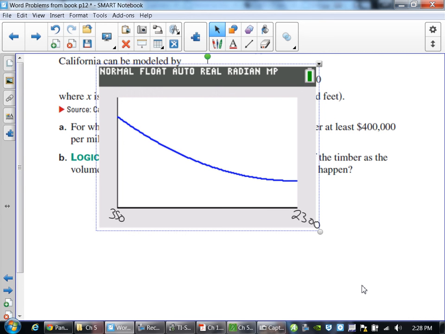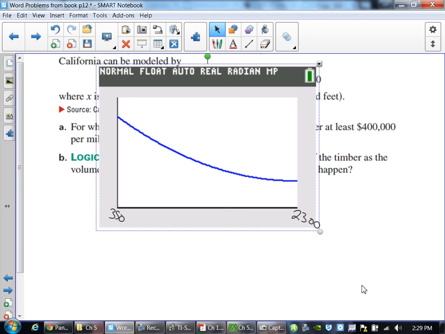Change your y maximum to 800,000. That means 84,800. Need another zero. All right.